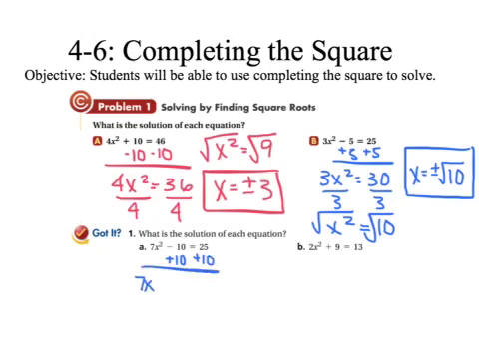Number 1A. Same process. Isolate the squared value. What's your answer for 1A? Andrew? Plus or minus 3, 5. Very good.